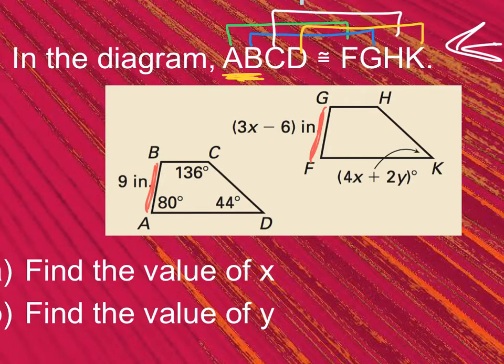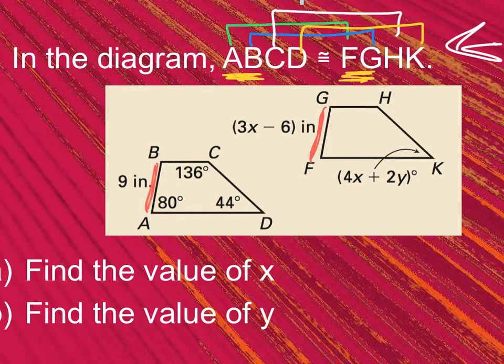So if I wanted to use AB, I'm going to match it with FG, which is also the first two letters. So now to find the value of x, I'm going to set them equal to each other because corresponding parts of congruent figures are congruent.